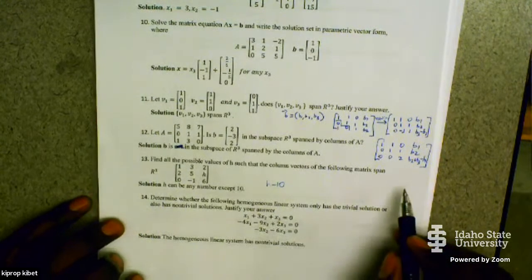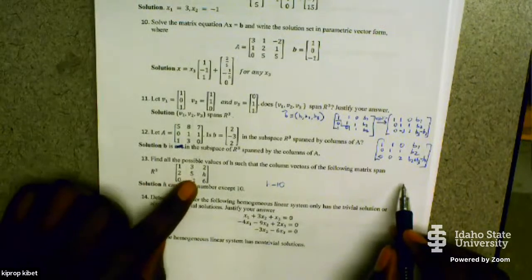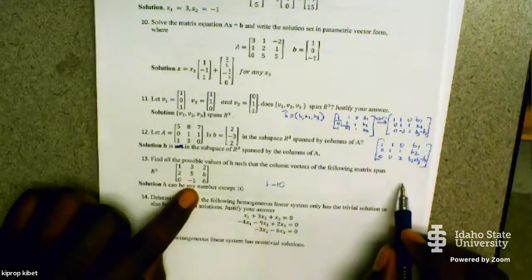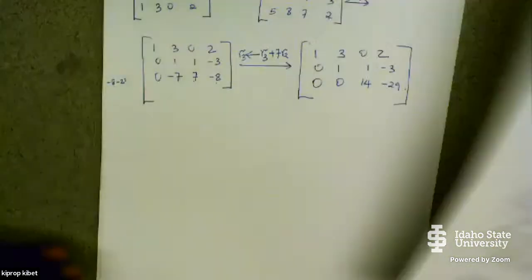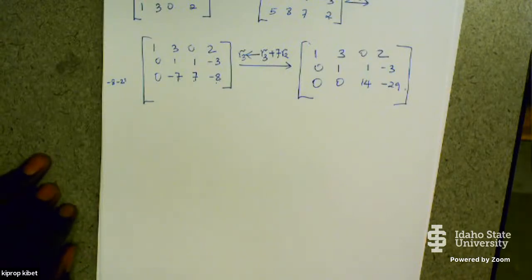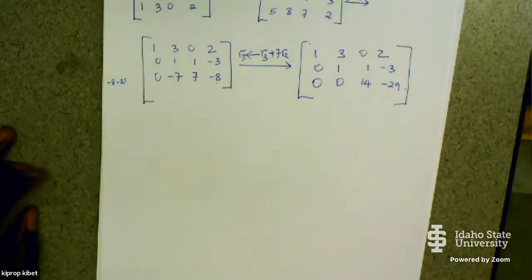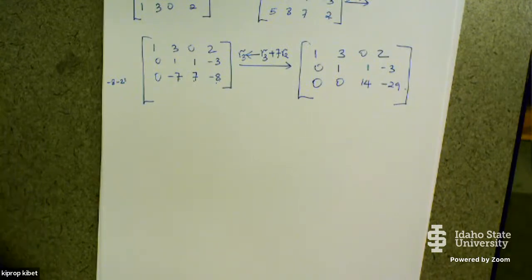Which one is that? 13. Okay, so you actually do it like number 11. Yes. So you make sure you put the B1, B2, and B3.